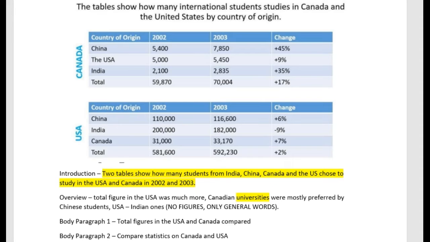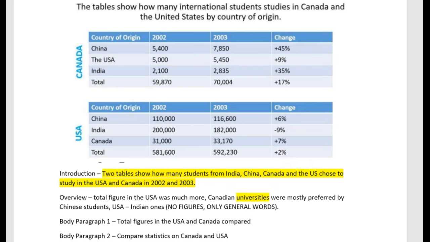So this can be mentioned in the overview. You can also mention that in Canada, while Chinese students preferred to study in Canada more than other countries, in the USA it was different. Students were more from India. Okay, so it's totally fine.